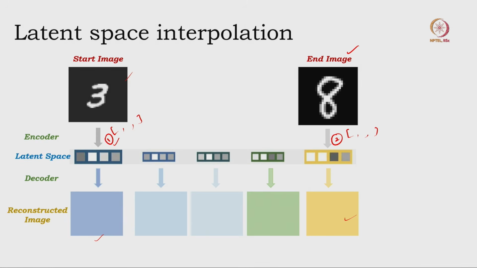Now, from both of these latent spaces, can I do some sort of mixing? Can I do some mathematical operation so that from these I can get this z? At the same time, you cannot use only one latent space.